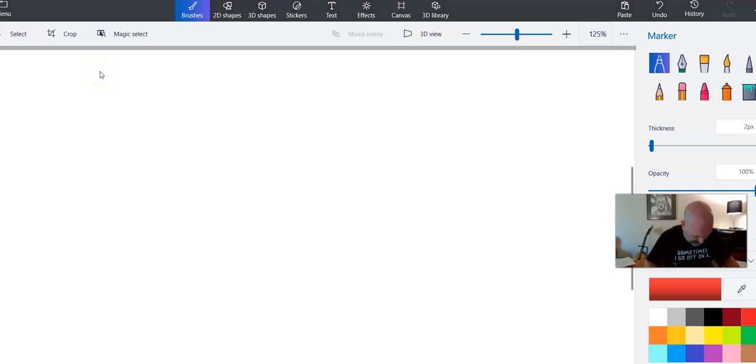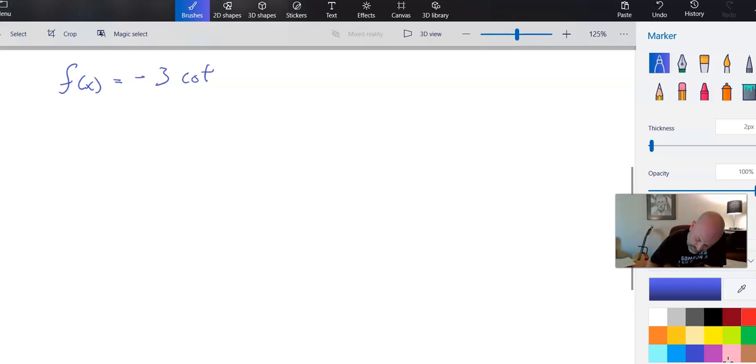All right. So let's say we have F of x is equal to -3 cotangent of 3x minus pi over 2.